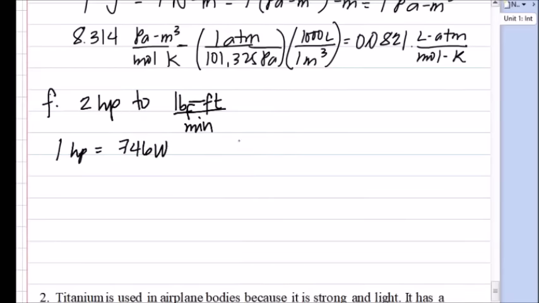And then, 1 pound force is equivalent sa 1 slug foot per second squared. Ito yung mga kailangan natin pang-abangan na conversion factors when it comes to conversions.